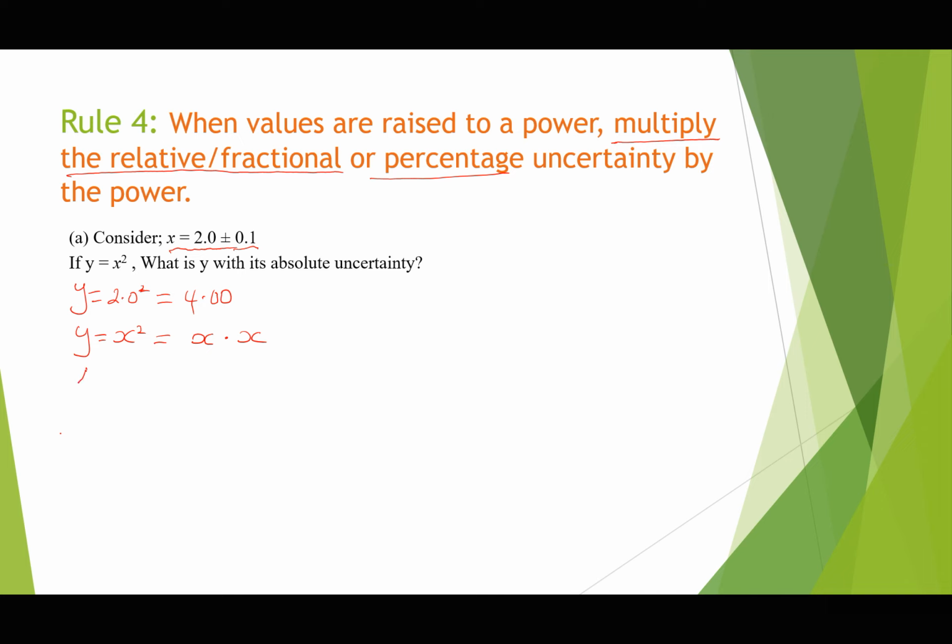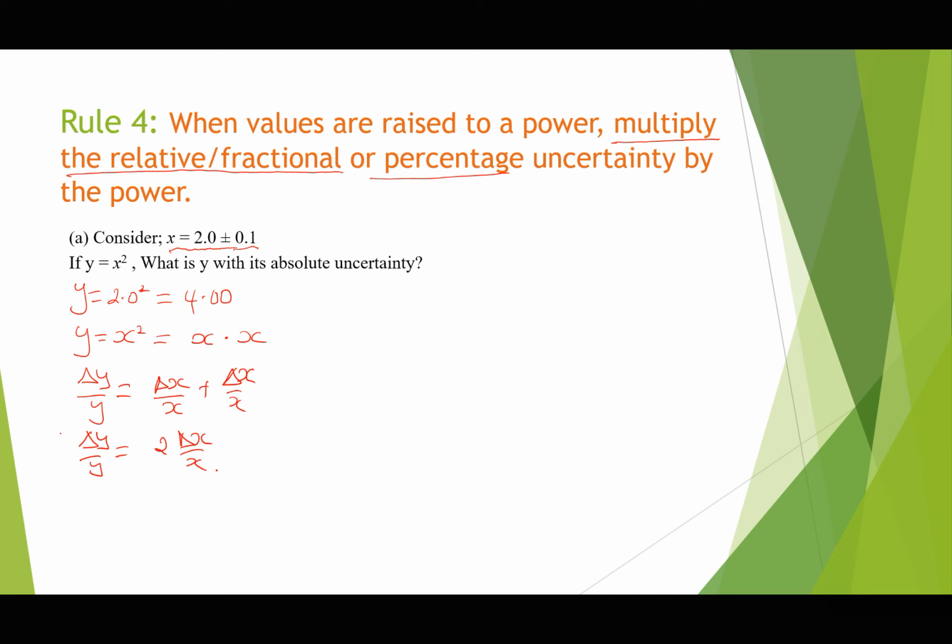So this means the fractional uncertainty in y will be equal to the fractional uncertainty in x plus the fractional uncertainty in x. You notice that this is appearing twice. So it is equivalent to saying the fractional uncertainty in y is equal to twice the fractional uncertainty in x. So what does this imply?